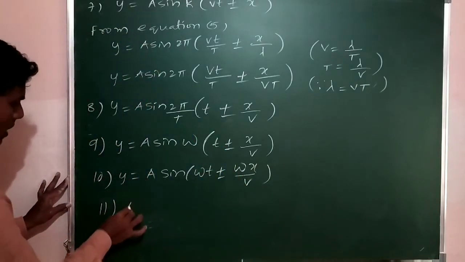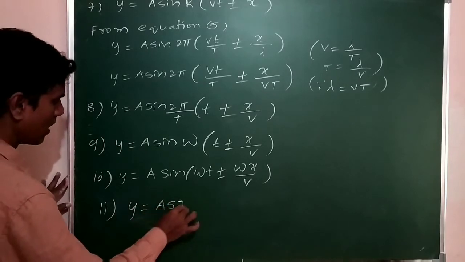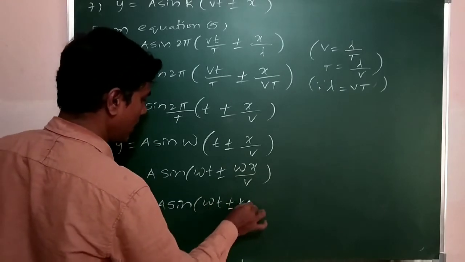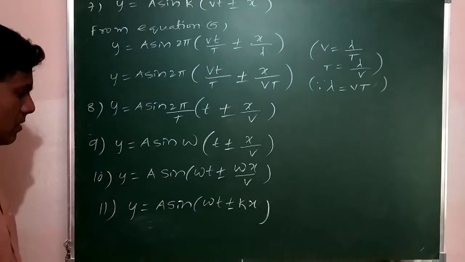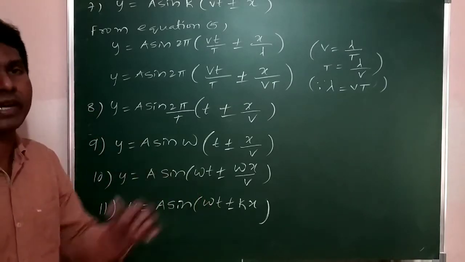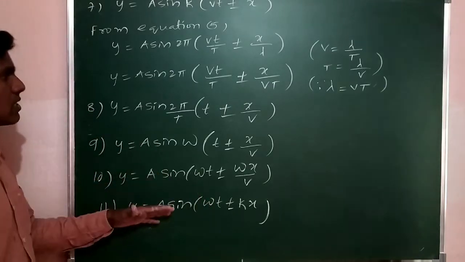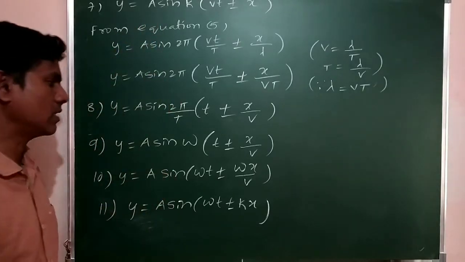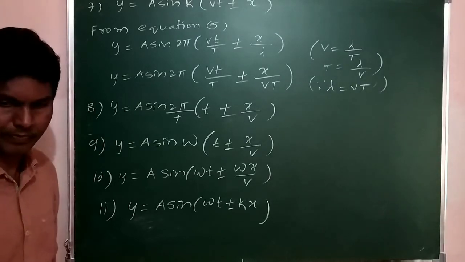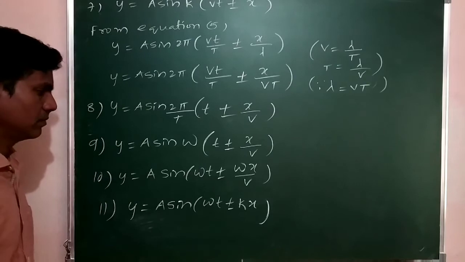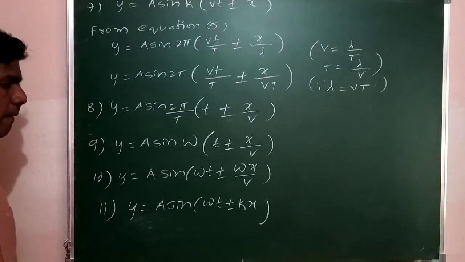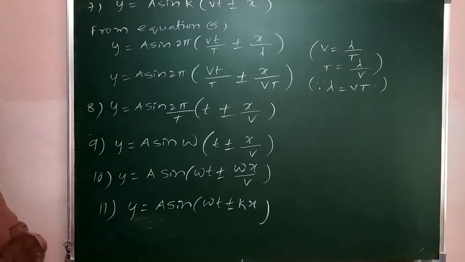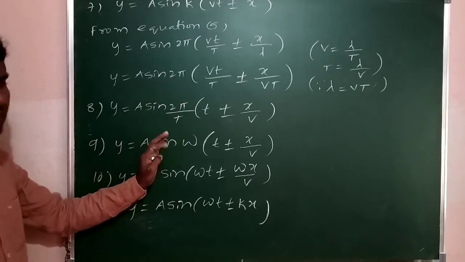The eleventh equation, finally y equal to a sine omega t plus or minus omega by v is nothing but k, x. Finally, the first equation what we have written, that equation came. So that's why all of these equations are progressive wave functions. Writing these equations is completed.